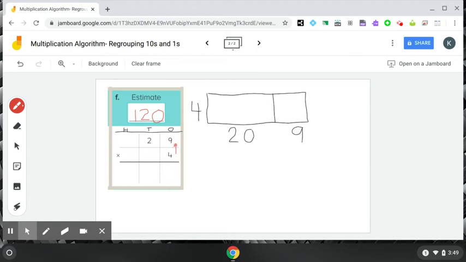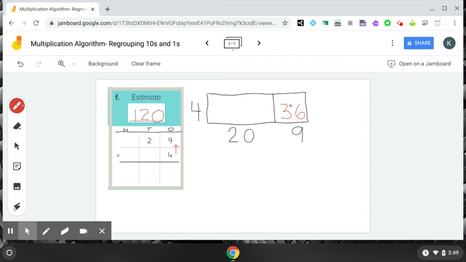We start with our ones place and we go 4 times 9. And you can see we have that written over here in our partial product model. So we have 4 times 9, which we know is 36. And in looking at that, that's 2 digits, so I know I'm not going to be able to write 36 here.